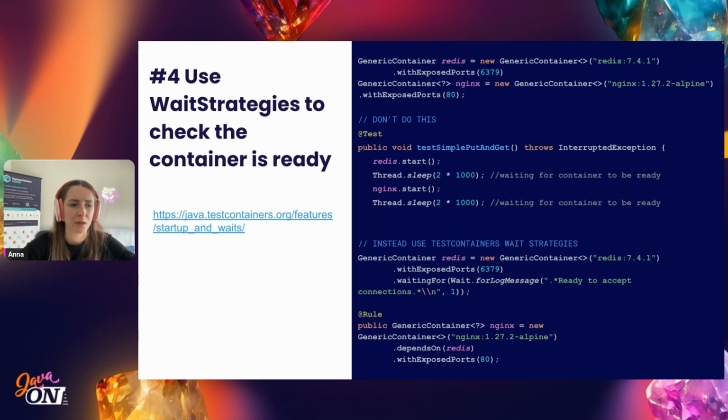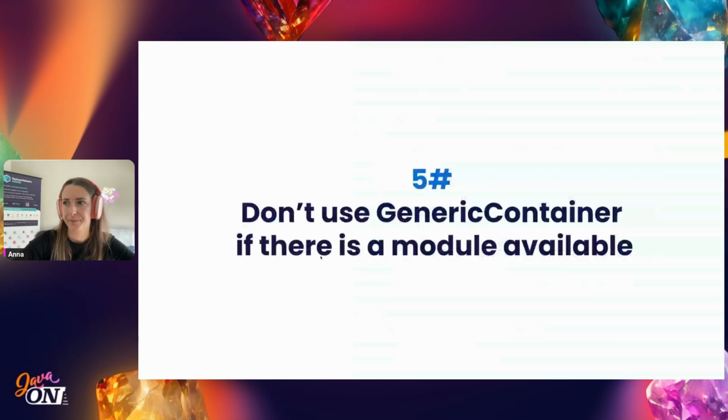You can also do more complex health checks, call some APIs, or execute some commands in the container and wait for response. A lot of things that you can do, just use proper wait strategy.